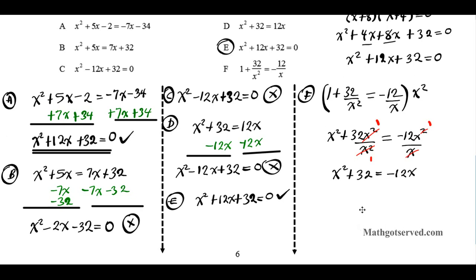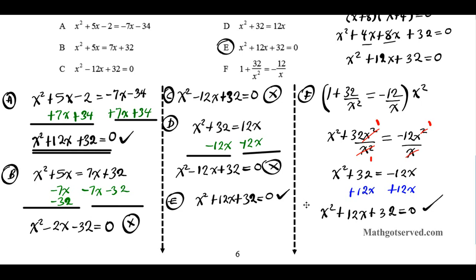Now what we'll do next is add 12x to both sides, so that it's going to be in standard form. So add 12x, and then add 12x. And then our final answer is going to be x squared plus 12x plus 32 equals 0. Now does this match this equation? The answer is yes.